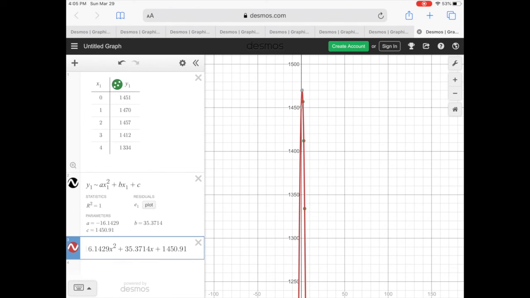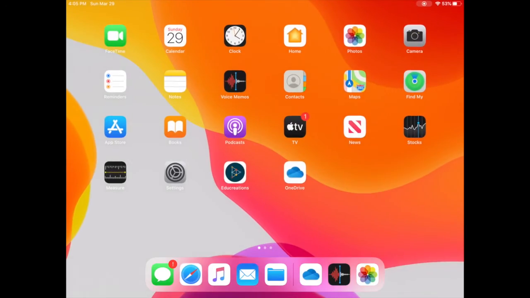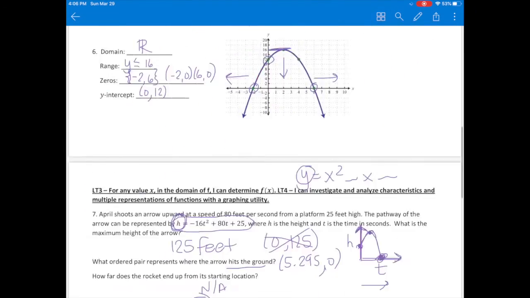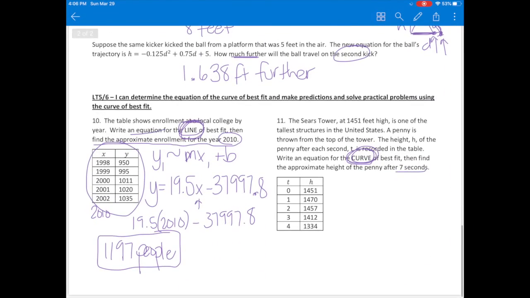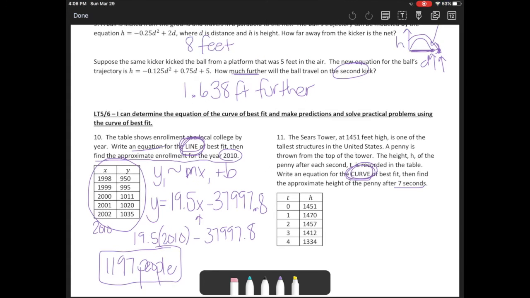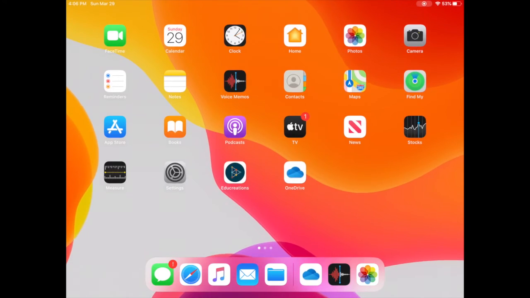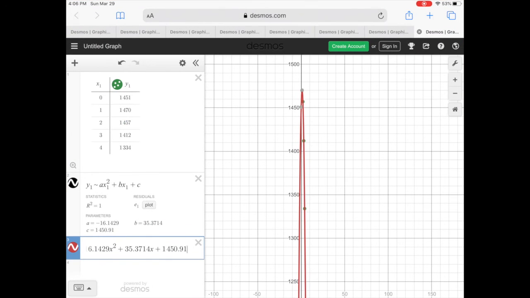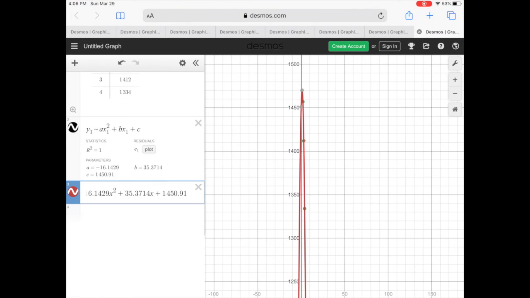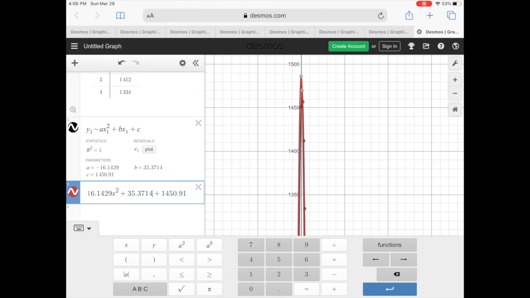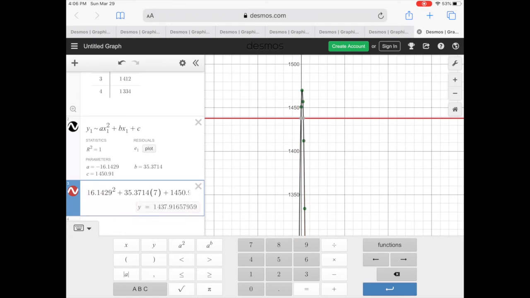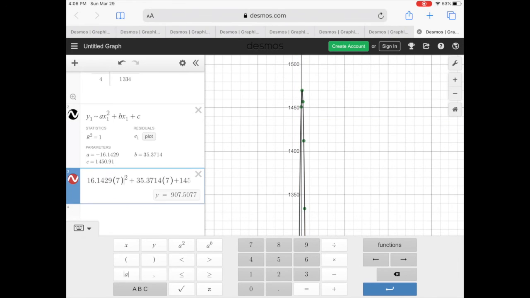And then I think it said it wanted to know after 7 seconds. Let me go back and look. Find the approximate height of the penny after 7 seconds. So what we need to do is substitute 7 in wherever we see x. We will let Desmos do that for us. I'm going to backspace and put times 7 right there, and backspace and put 7 right there.